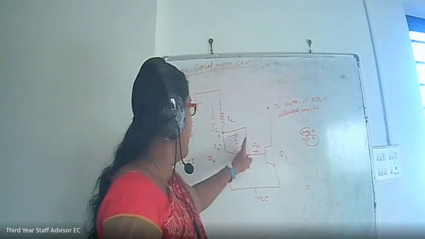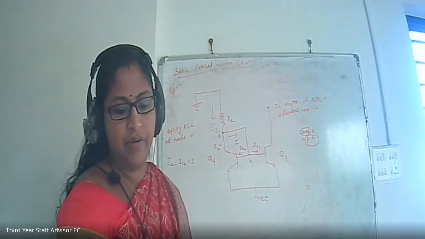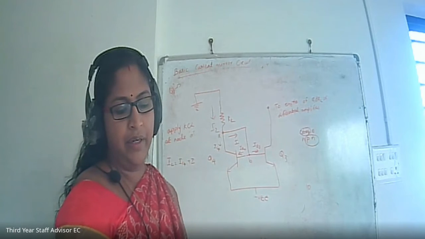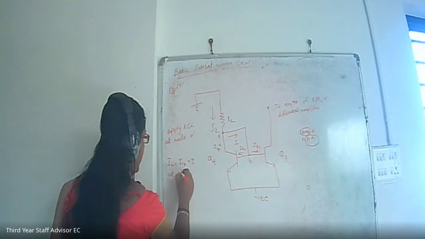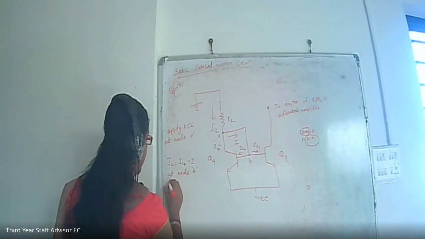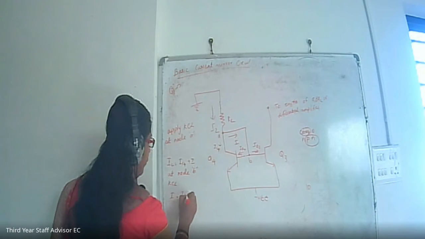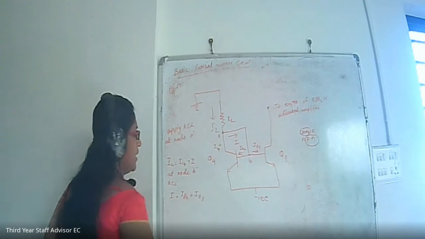So incoming current is I and outgoing currents are IB4 and IB3. If you are applying KCL at node B, the equation will be I equal to IB4 plus IB3. So these are the base currents.